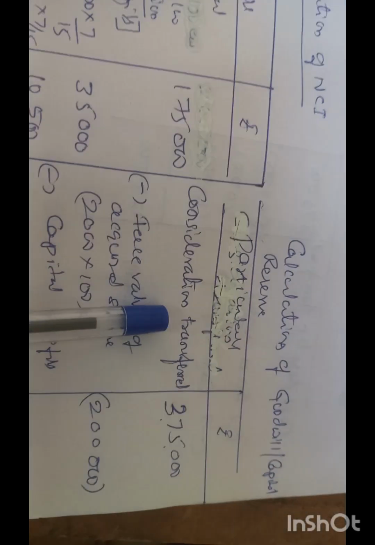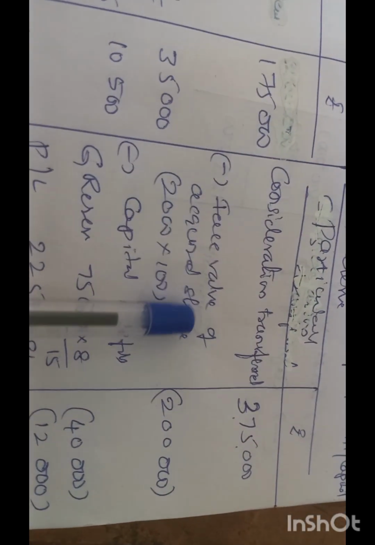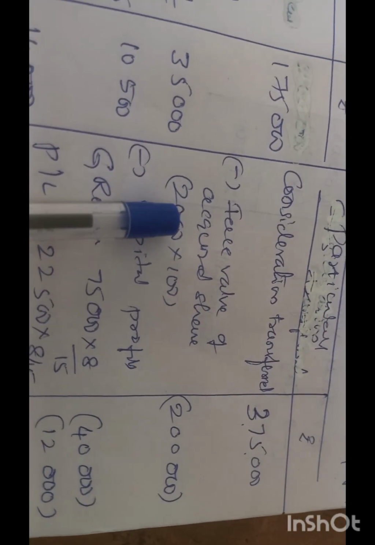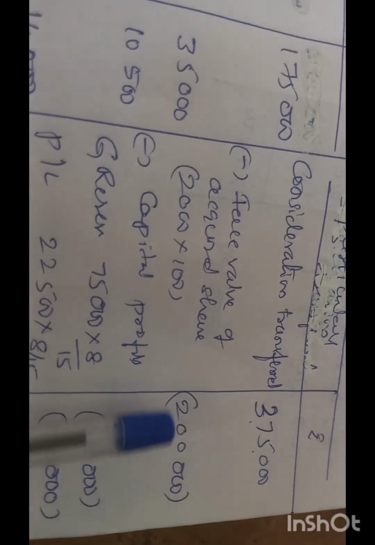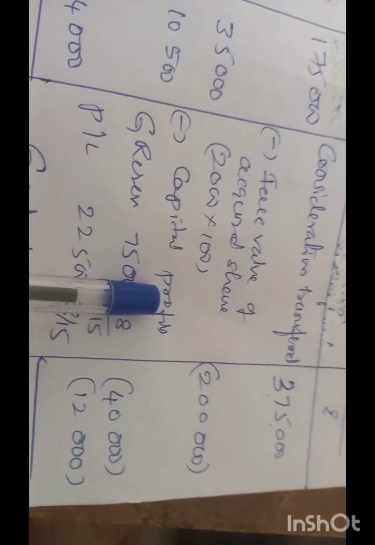So next, calculation of goodwill or capital reserve. Consideration transferred, they invested in S Limited 3,75,000. So we know we have to subtract face value of acquired shares. That means they acquired 2,000 shares of ₹100 each. So subtract 2 lakh, as well as capital profit. So capital profit means before only, pre-acquisition.